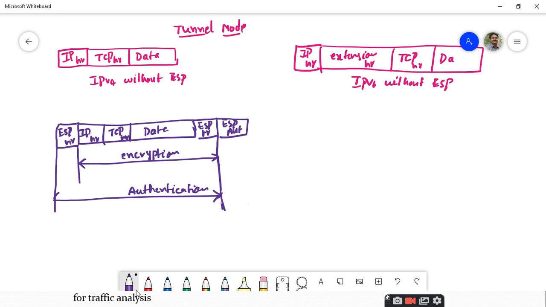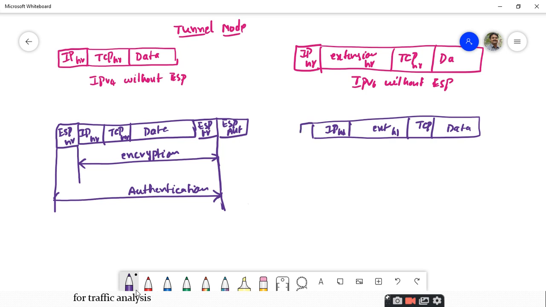And what happens in IPv6 means the same thing happens. We have the data preceded with TCP, preceded with extension headers, preceded with the IP header, and you are going to add the ESP header, and you are going to add the ESP trailer. And if authentication is required, you add it at the end.